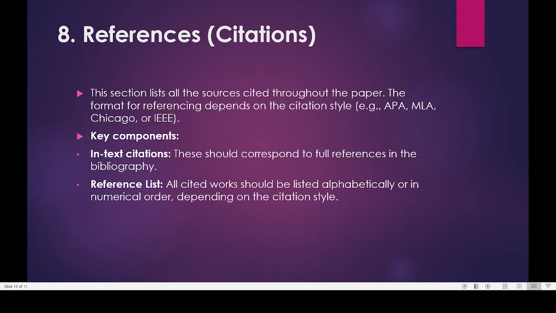Reference list: all cited works should be listed alphabetically, or in numerical order. Some journals may expect you to list in alphabetical order, that is, by the name of the author. Sometimes another journal may follow chronological order, the year-wise pattern.